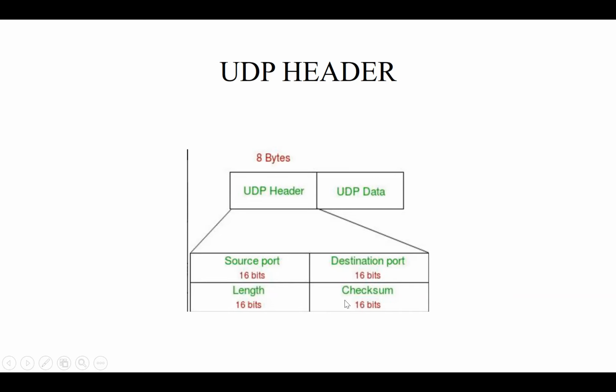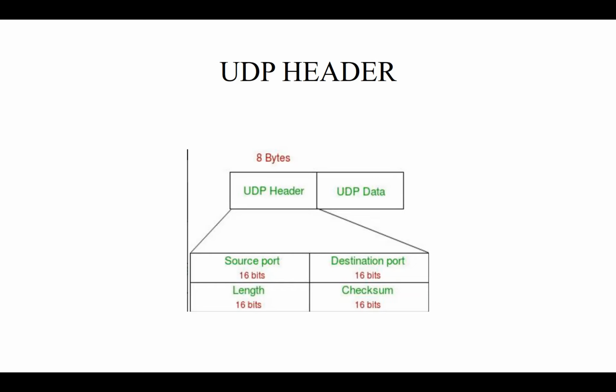The source port is used by the process running on the source host, which is 16 bits long, and the port number can range from 0 to 65,535. Similarly, the destination port is used by the process running on the destination host, and it is also 16 bits long.